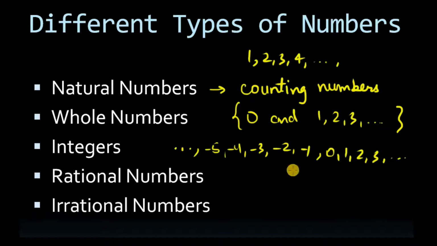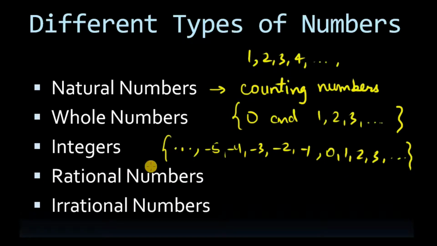All of these numbers together are integers. So integers are like whole numbers with the negative numbers: the negative of 1 is -1, the negative of the positive 2 is -2, and the negative of the positive 3 is -3, likewise, okay? So this collection of numbers is known as integers, okay?